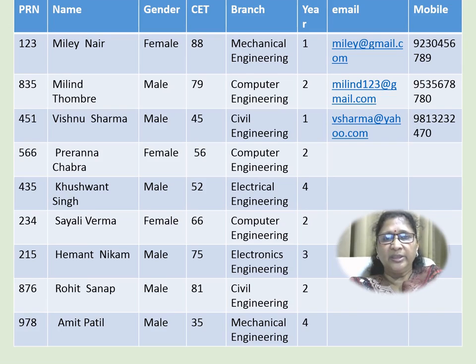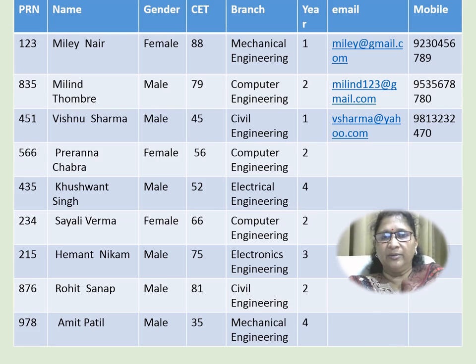So 123, the permanent registration number, with the name Meeli Nair, a female with a CET score of 88 studying in first year of mechanical engineering, is one data object with email ID and mobile number. Milin Thomre is another record, a data object with PRN number 835, male, and so on.